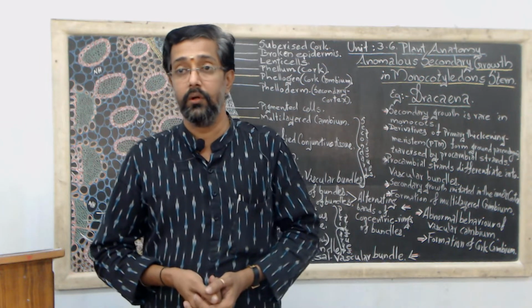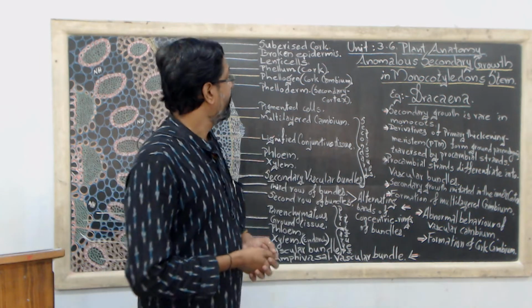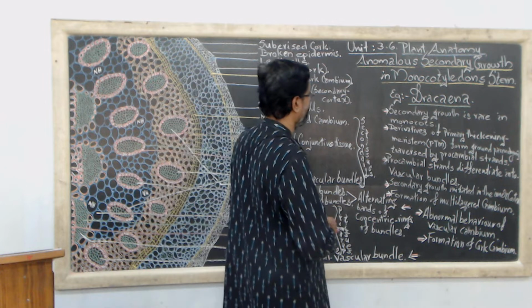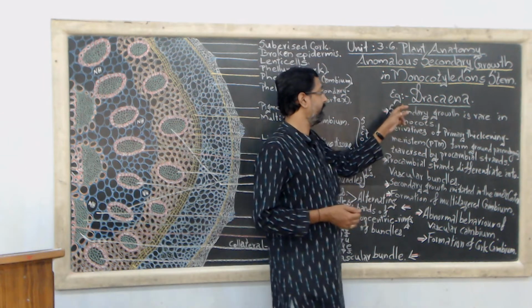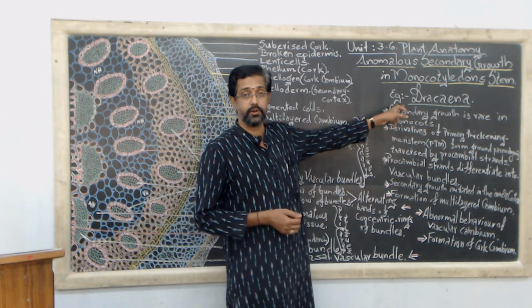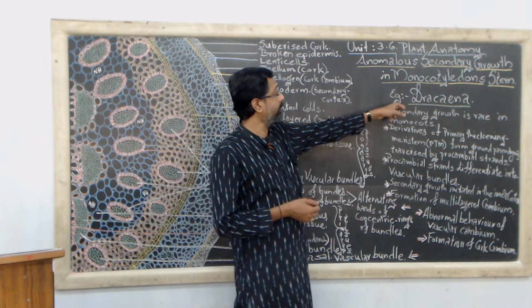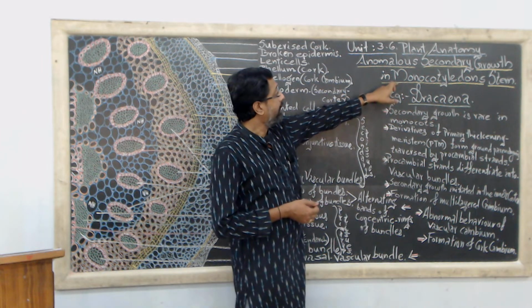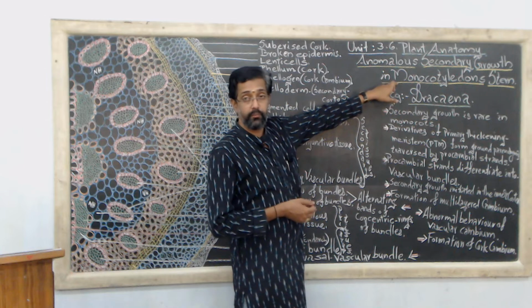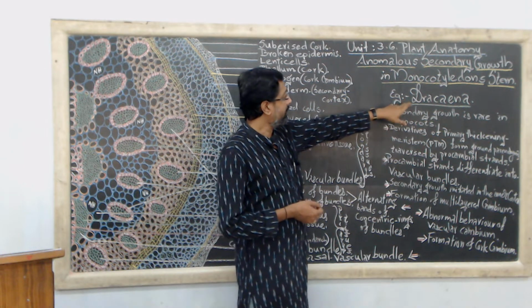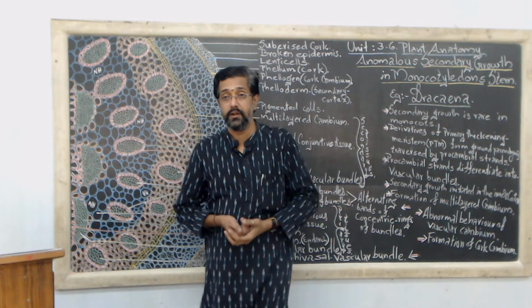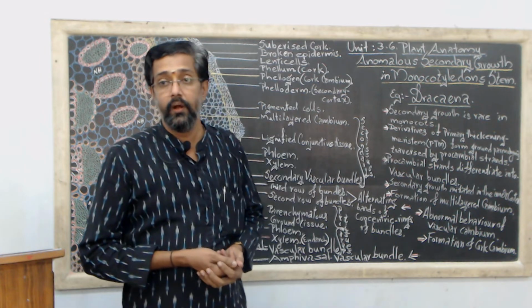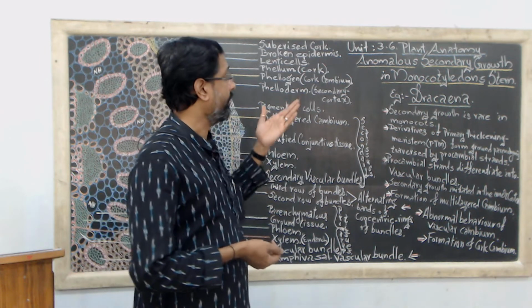Okay, so here in the present session, we are taking one example, Dracaena. Dracaena is one of the monocot stems or plants which show the abnormal activity of secondary thickening.